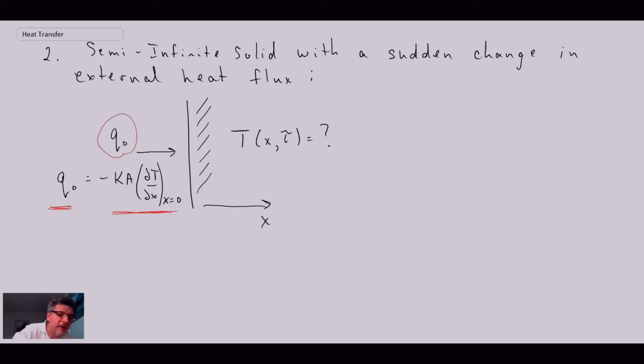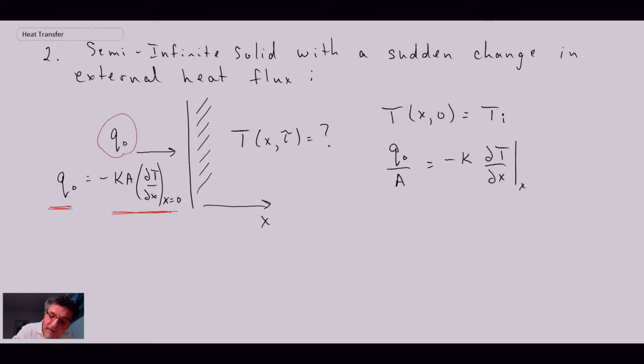And so with that, we can rewrite what the boundaries are for this problem. Again, we start at T initial throughout the entire solid, so for all x at time 0, it's T initial. And then we change the heat flux on the surface, which is related through Fourier's law.